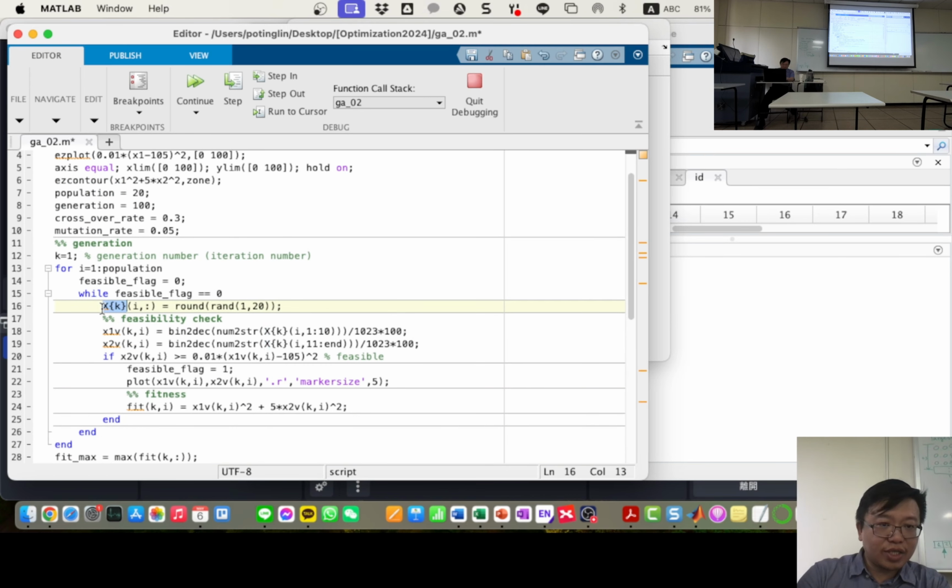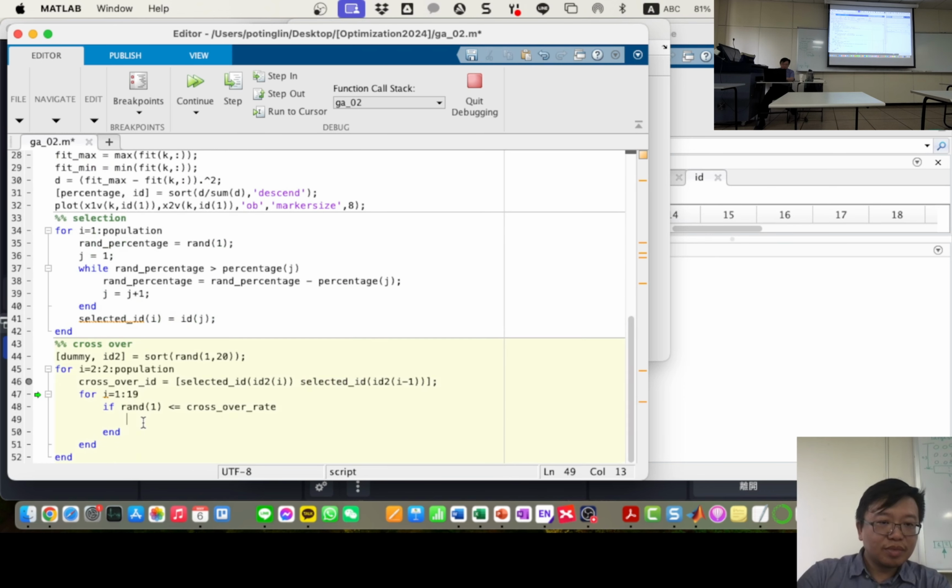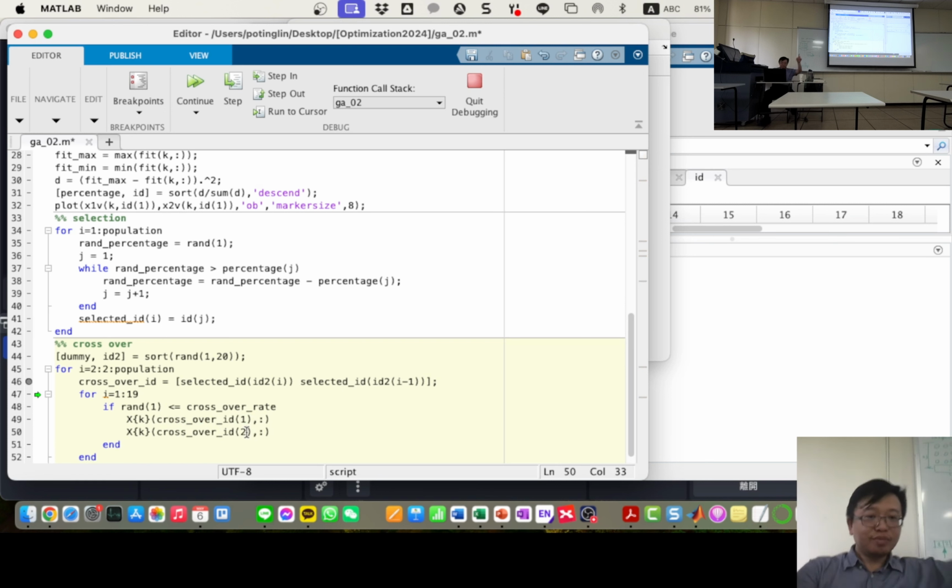Chromosome is my X, and the ID will be here. First one. The 2 chromosomes that to swap their body will be these 2. But swapping at where? So over here at the ith position.